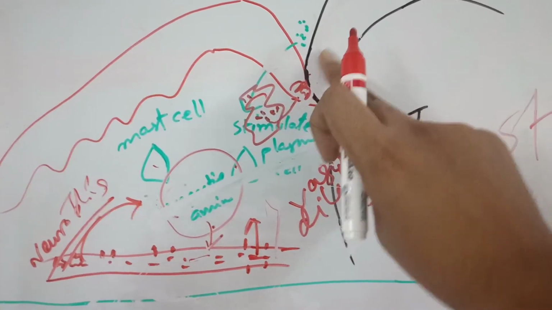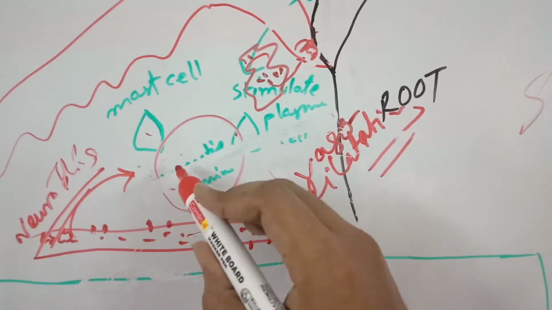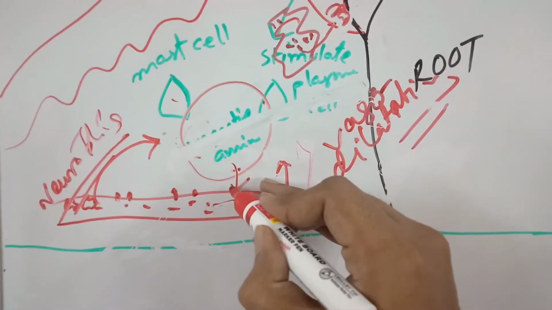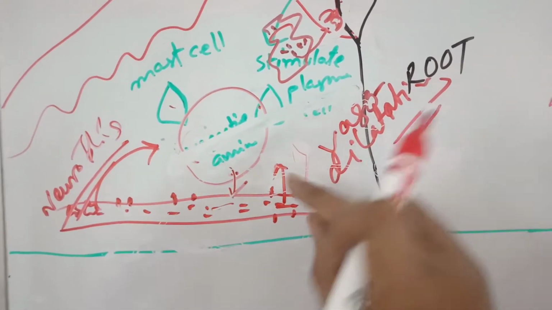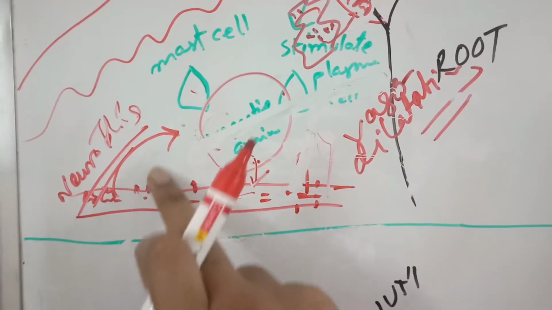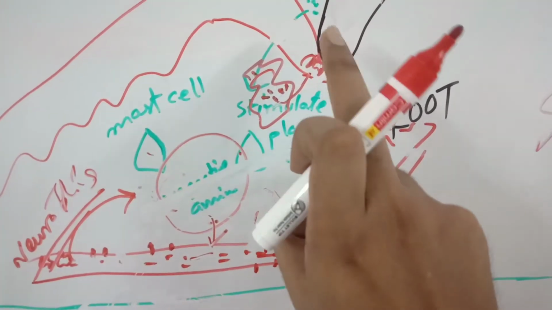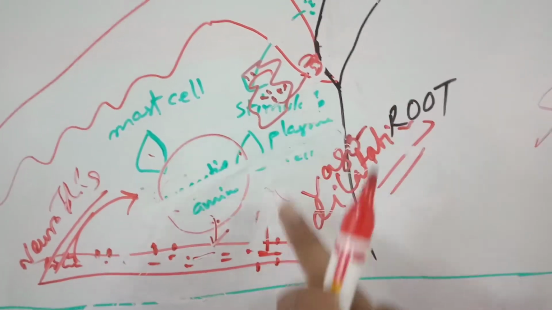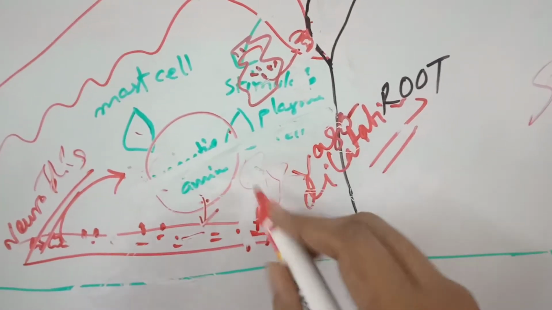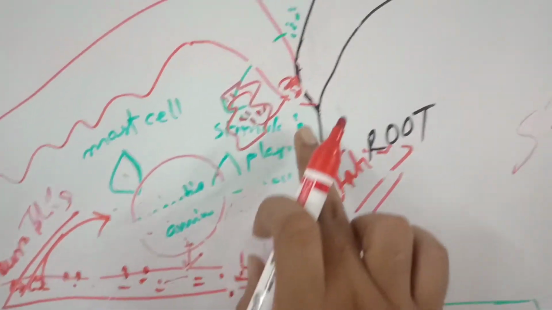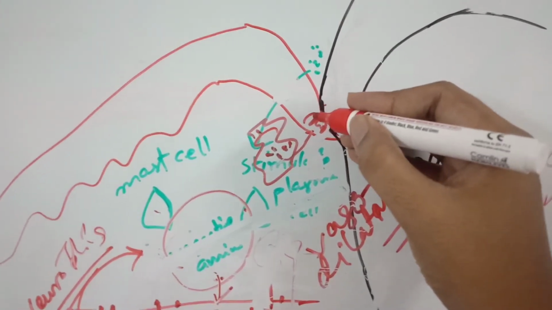Irritant will stimulate mast cells and plasma cells. They will secrete vasoactive amine. Vasoactive amine will cause vasodilatation of blood vessels, plasma leaking, diapedesis of neutrophils, and neutrophils will accumulate in this region. Due to the plasma leak, infiltration of plasma and exudation will be there. Exudation, increase in GCF flow.